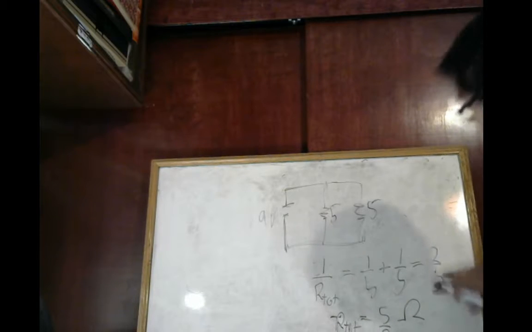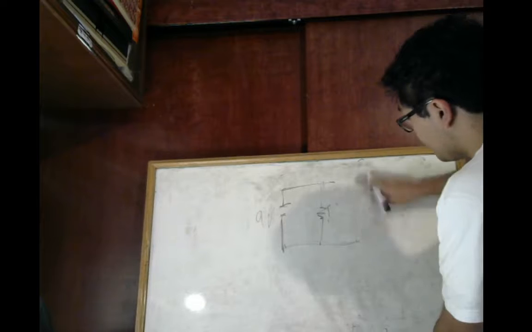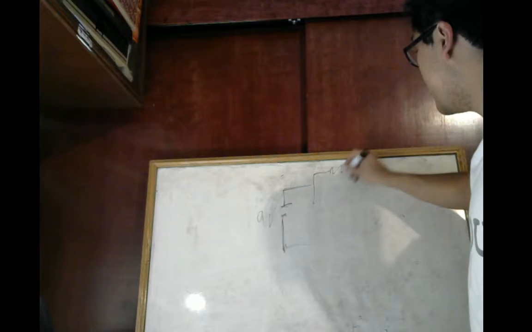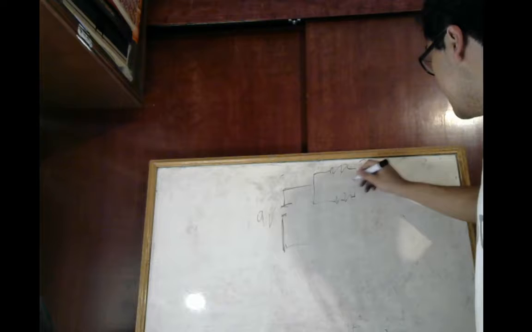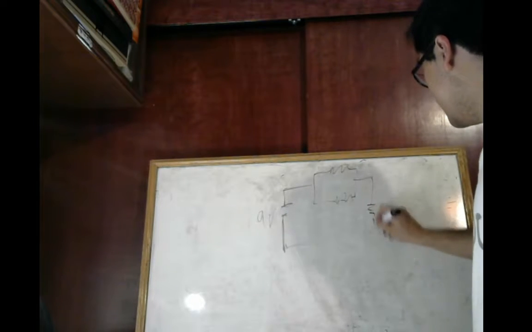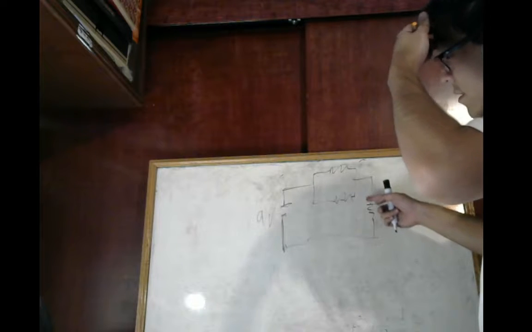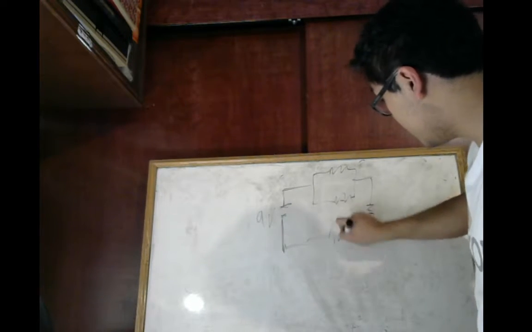Now, in the case we have both, let's imagine we have a parallel and a series circuit. Perfectly. We have a parallel section such as this, let's put another resistance here, right?